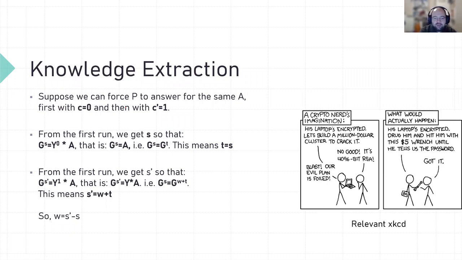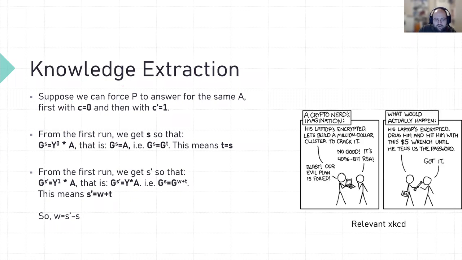So to see that, we're going to go through a thought experiment. Let's say that we can force a prover to answer twice, and specifically, we can force them to answer twice for two very specific challenges. So we set those two challenges to be 0 and 1.